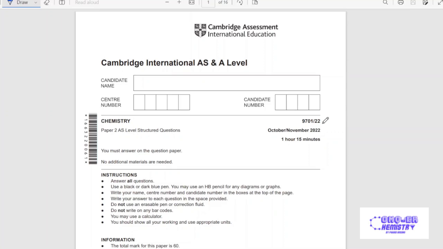In today's video, we'll be looking at the Cambridge International AS Level Paper 2, Variant 2 of the October-November 2022 series. This is the AS Level Structured Questions paper, which is Paper 2, and we are given a time of 1 hour and 15 minutes.